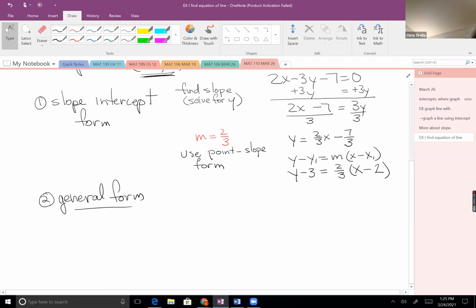For slope intercept form, we're going to solve that for y. Y minus 3 equals 2/3 x minus 4/3. And then when I add 3 to both sides, I have to remember that 3 is 9/3. And so that gives me y equals 2/3 x plus 5/3.